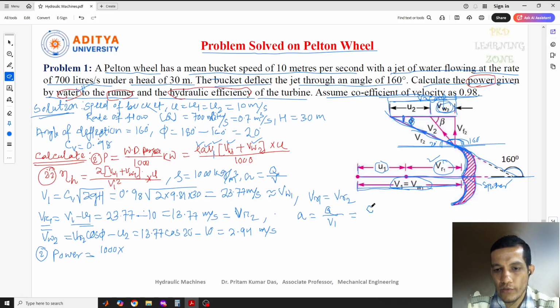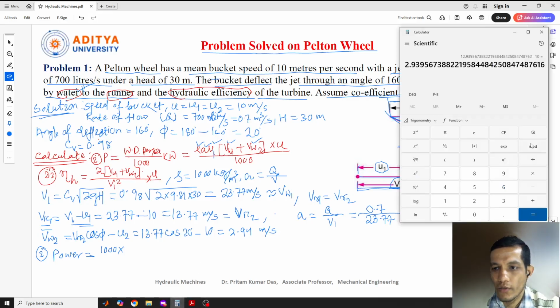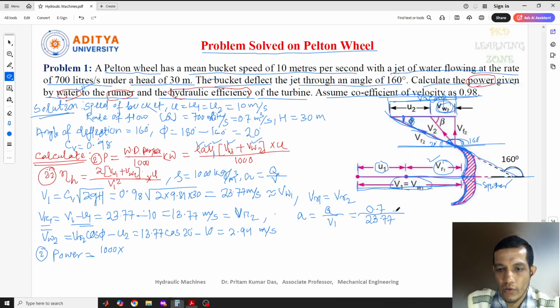Q equals 0.7 and V1 equals 23.77, which we already found. So 0.7 divided by 23.77 equals 0.0294 meter square. Now let me write this 0.0294 area into VW1.